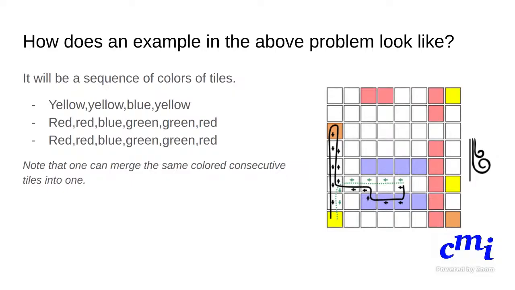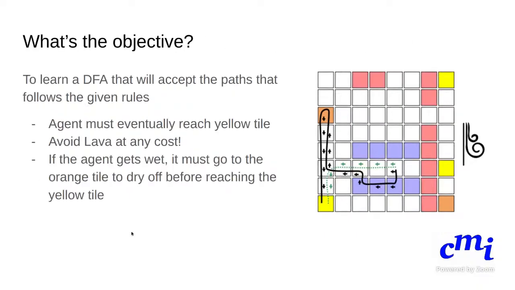Sure. So this is just a clarification: you can merge the consecutive same color tiles into one, and that is the information that is required to learn the automata. So the objective here in this grid world is to learn a DFA that will accept the paths that follow the given rules.